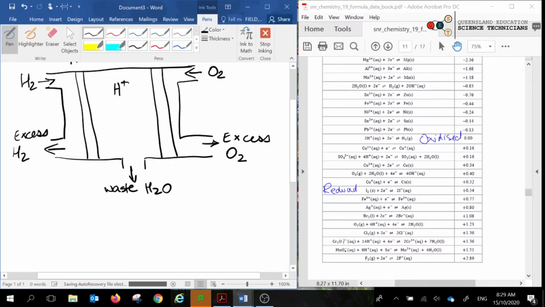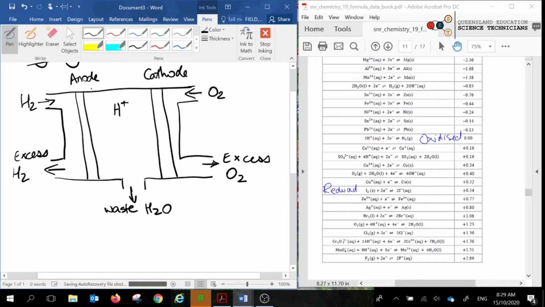So anytime it's acidic, we're going to look at where we have H+. So we're going to look at our standard electrode potential tables for H+. Remember that at the anode, the hydrogen is being oxidized and we want the hydrogen with an H+.